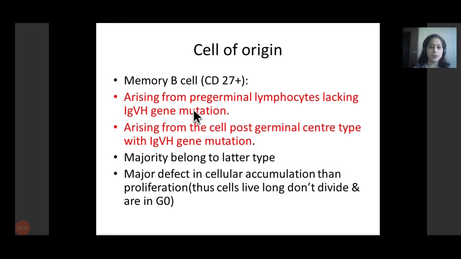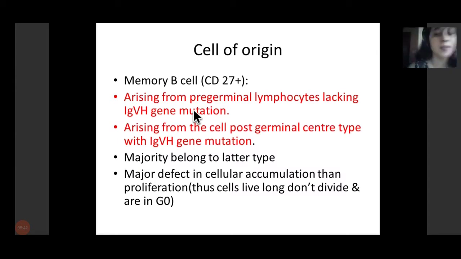We have the germinal center in the lymph node, that I'm sure you must be aware of from your first preliminary knowledge. The pre-germinal lymphocytes are the cells which have not been put into the germinal center after antigenic stimulation, that is the naive B cells, and they lack the IgVH gene mutation for the obvious reason that they have not been exposed.